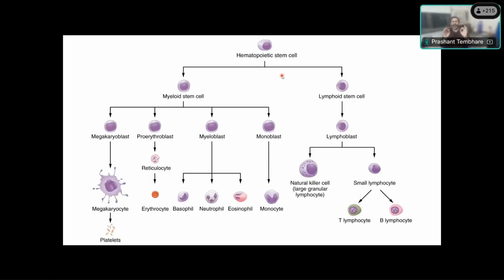That window is called gating. Gating allows you to see only a specific population based on a specific marker or combination of markers, which makes the other cells disappear from your dot plot, from your analysis plot, so that you can focus on specific cells.